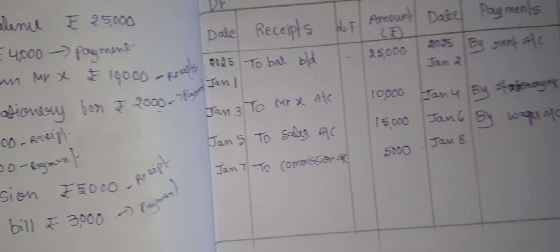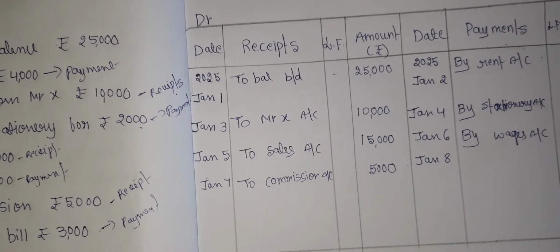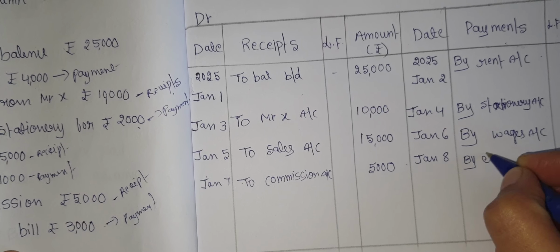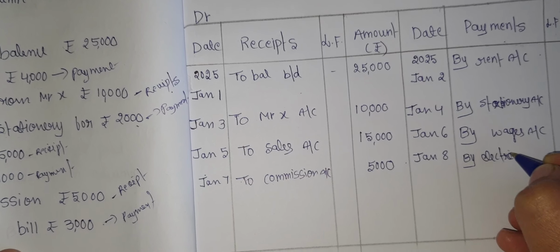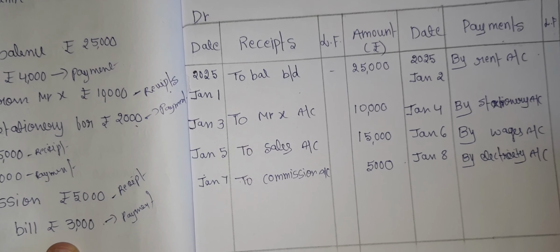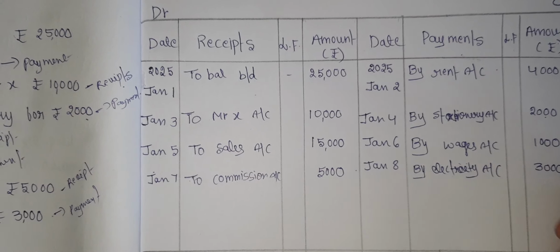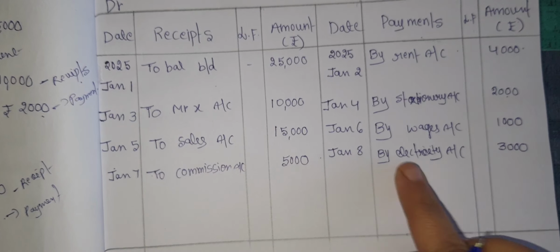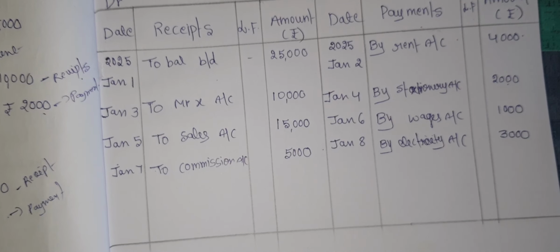You are paying the electricity bill, means it comes under payment side. On January 8, by electricity account, that is rupees 3,000.